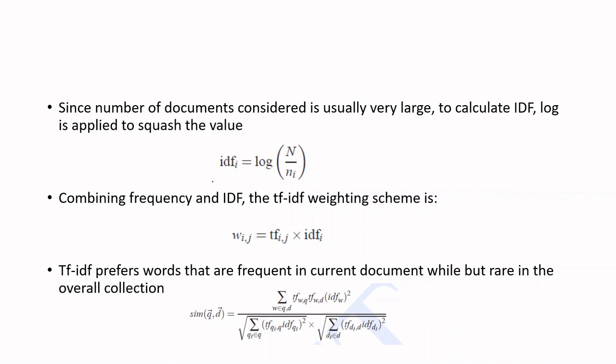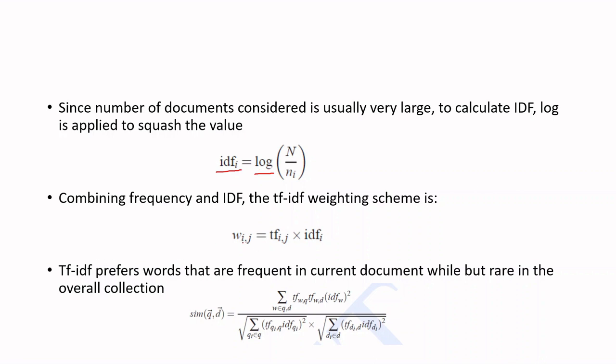Inverse document frequency is represented using N by n_i, but since, say in Google search, there will be millions of documents, instead of taking N by n_i we take a log in order to squash the value, that is, to have a smaller value.